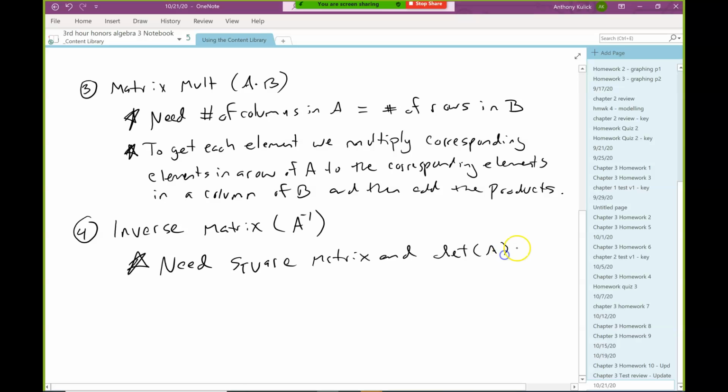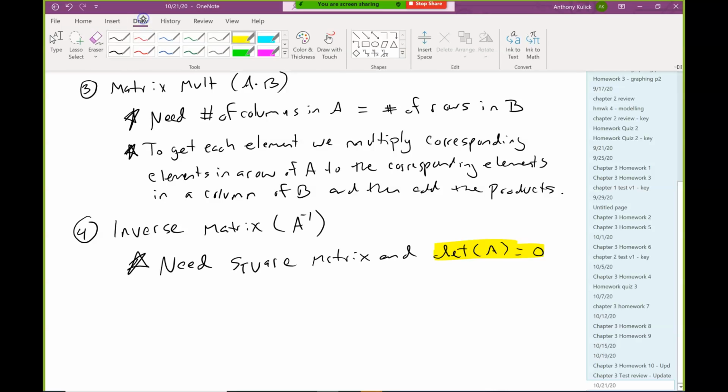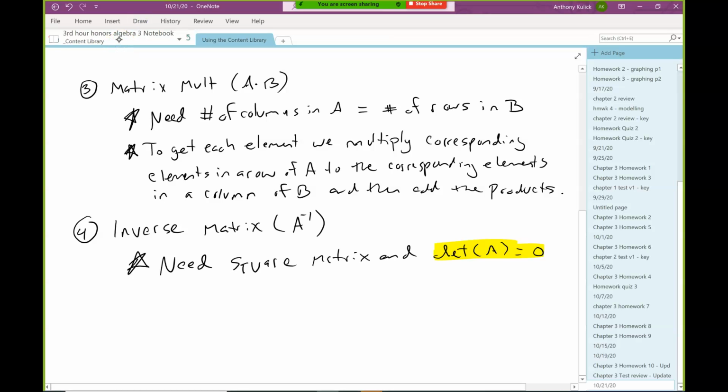And the determinant of A needs to be non-zero. I know. You guys don't know what the determinant of A is. What do I mean when I say that? We'll circle back to that in just a moment. N by N? That's okay. Again, if there's something you don't remember, you're doing the right thing to ask.